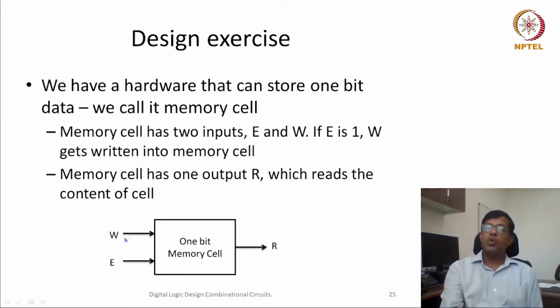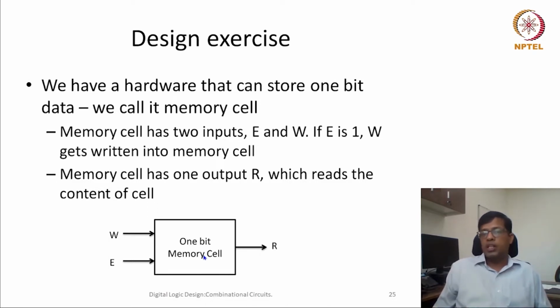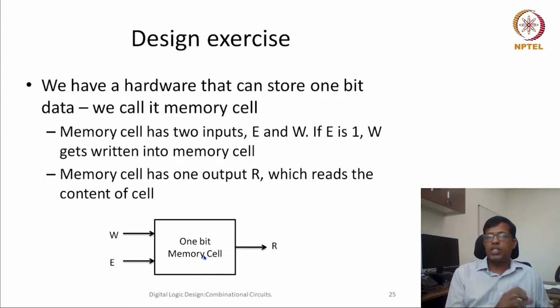Otherwise, W will not be written to this memory cell. Essentially, E is a control signal or enable signal, which says whether this memory cell has to be written or should not be written. This way we should be able to control what is written to these memory cells and what is not. This is the basic entity we are assuming is given as an input.